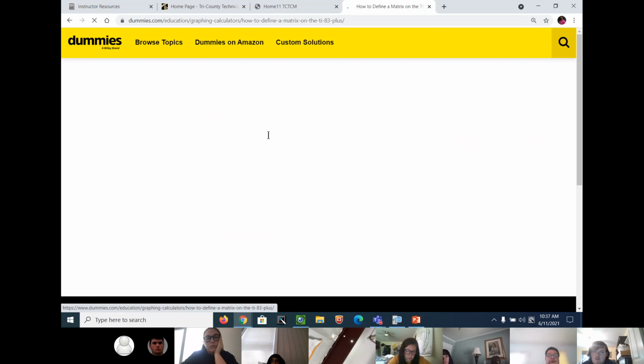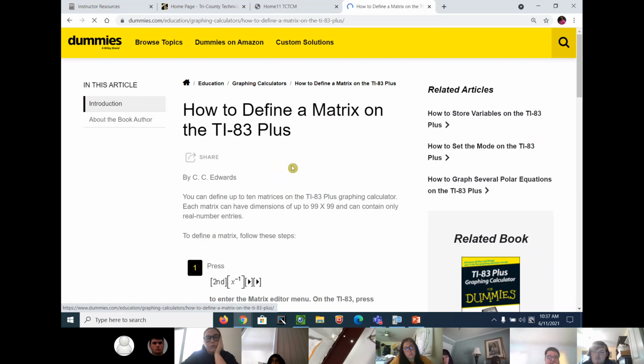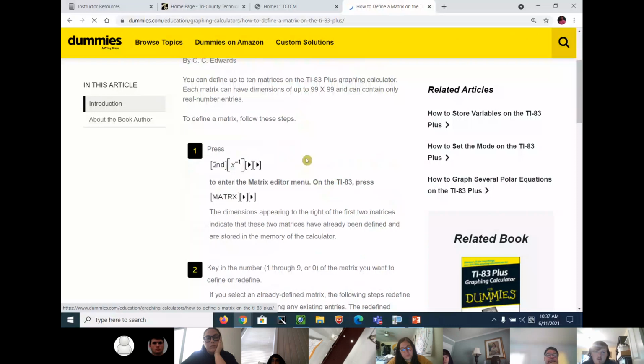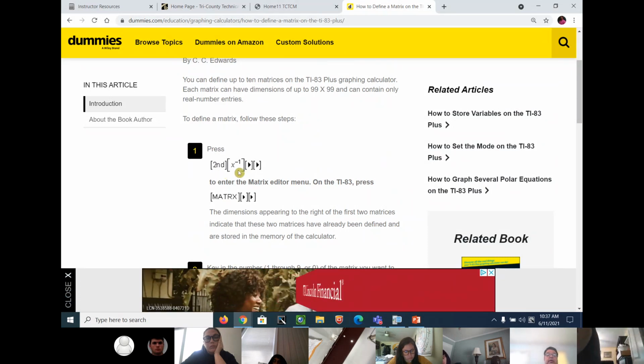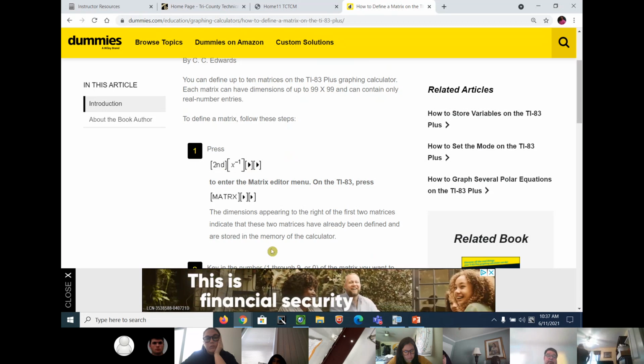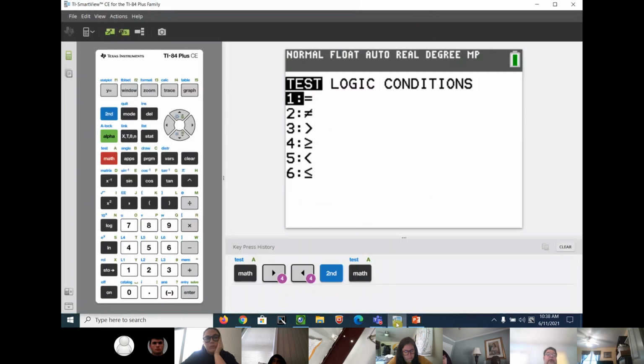Well, there's matrix, but I didn't see the matrix key. Press second. Okay, second x to the -1. So let's see if there's a second x to the -1. There it is right there.